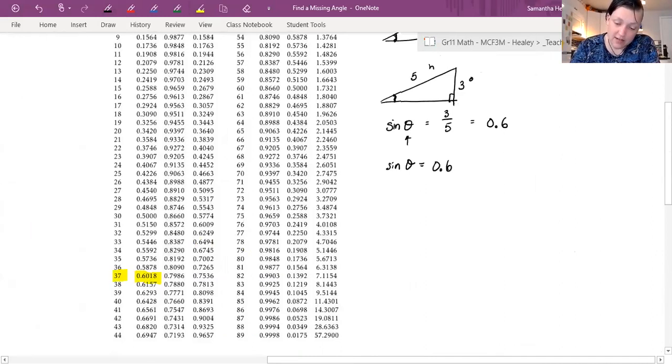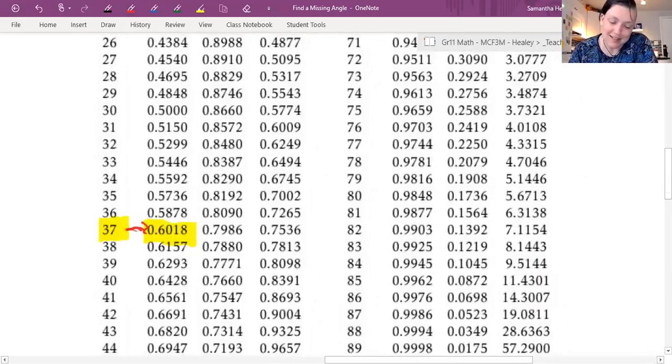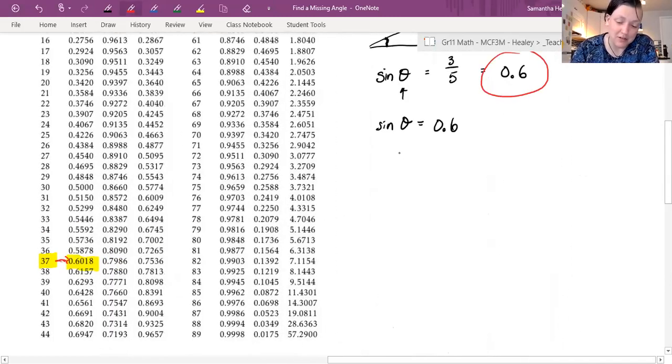So she'd say, if I already know the ratio, then the angle that has that ratio is, well, this is a little bit too big, so maybe just under 37 degrees, but probably round to about 37 degrees. And she'd say that angle is 37 degrees. That's all we're doing.